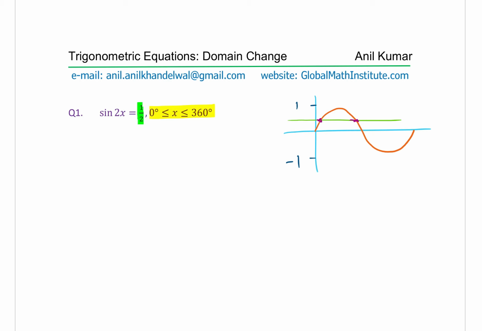So we could think like this, that when I say sine 2x equals half, I can consider this to be sine of t, some other thing, equals half. Now if I consider that as t, then my domain also changes. Now this is not x, it is 2 times x. So what will I do? Well, I'm going to multiply each term by 2. So we get 2x here, and this becomes 720, 2 times 360, correct?